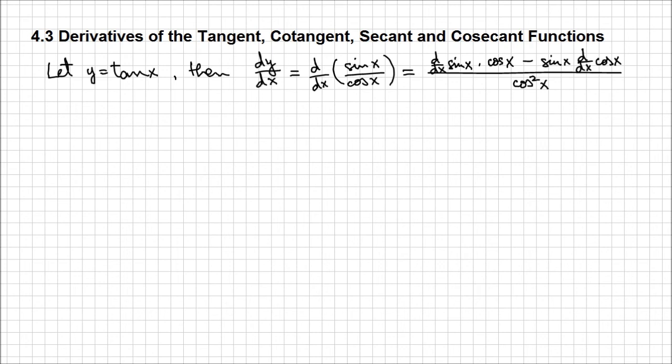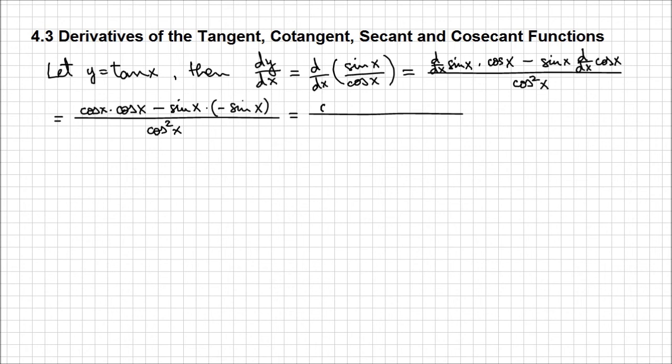I'm going to replace those derivatives with their values, so it's going to be cosine of x times the cosine of x which was already there minus sine of x times derivative of cosine of x, we know is equal minus sine of x, everything divided by cosine square of x. Let's simplify this expression further. That first product is going to result in cosine square of x plus sine square of x, everything divided by cosine square of x.